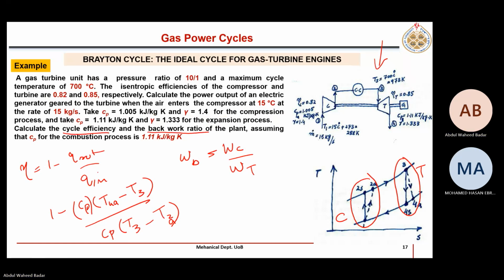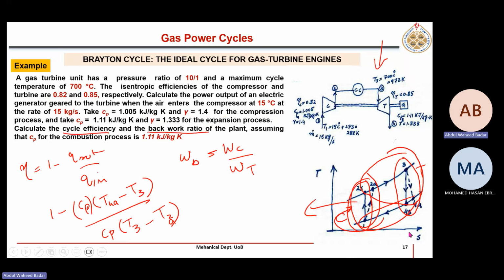Here we use temperatures, since CP is given. I'm not sure whether he is taking this CP separate and these two CPs separate, and whether 4:1 is taken as compression or as gases. We'll see.